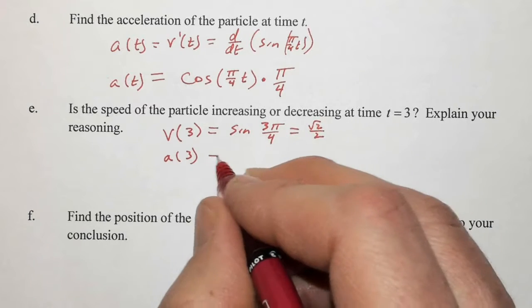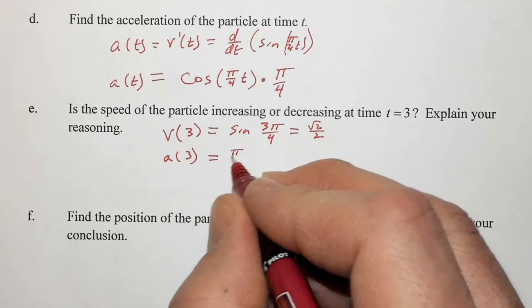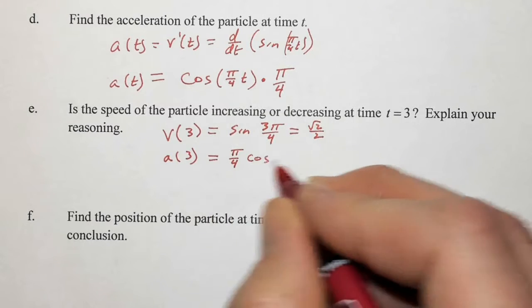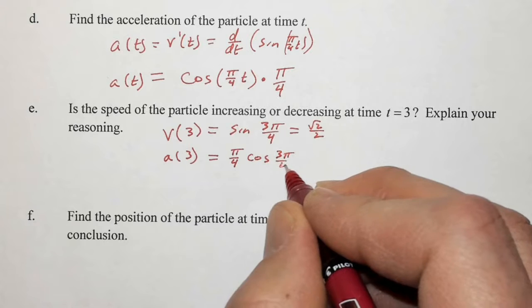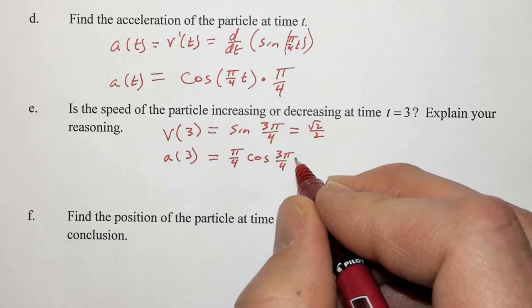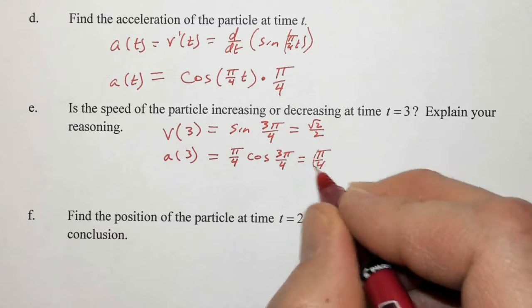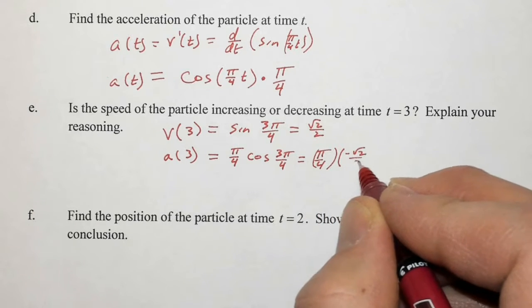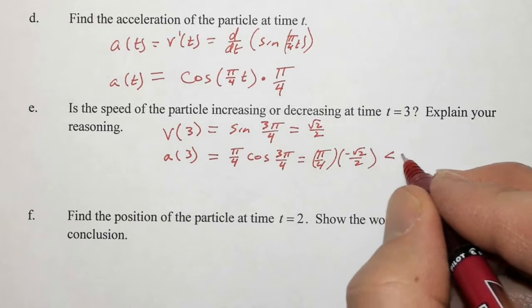A of 3, well, now we're plugging 3 into this function right here. So we have pi over 4 times the cosine of 3 pi over 4. And the cosine of 3 pi over 4 is actually negative square root of 2 over 2. So we have pi over 4 times negative square root of 2 over 2. Right? Now I don't know what that value is, but I know that it's less than 0.